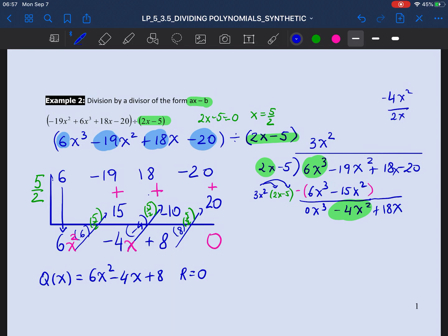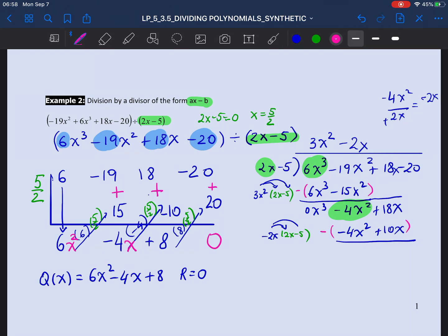Negative 4x squared divided by positive 2x, that's negative 2x, so negative 2x here. Negative 2x multiplied by 2x minus 5 will give negative 4x squared plus 10x.